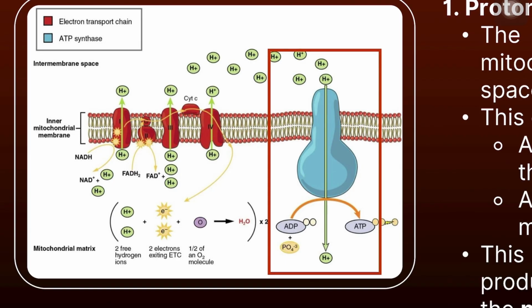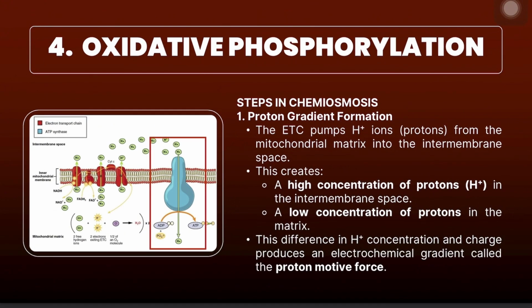Okay? So it creates chemical energy and electrical energy. When we say chemical energy, it is formed due to the concentration difference, and the electrical energy is created because of the charge difference.